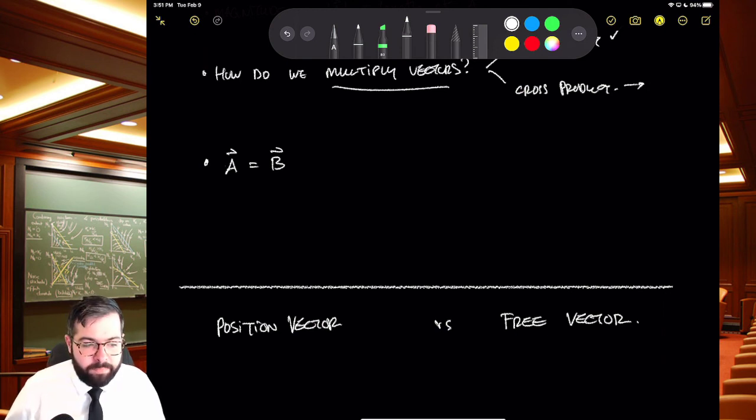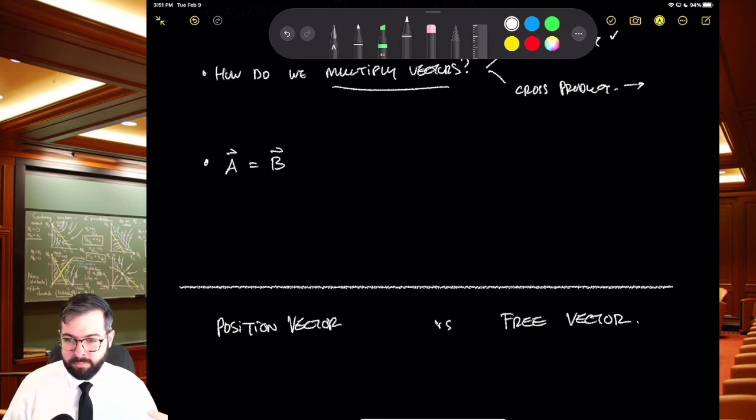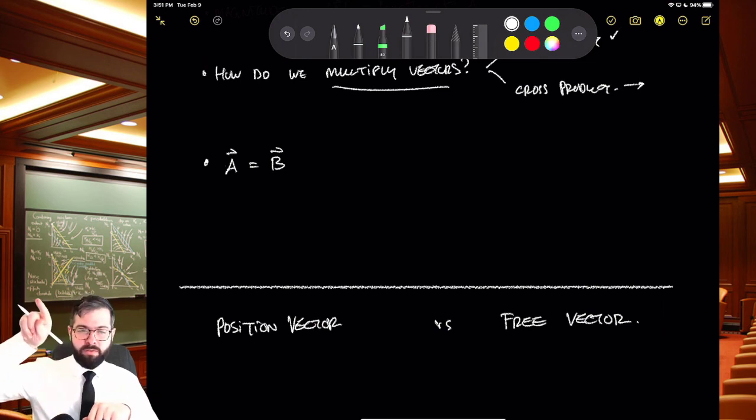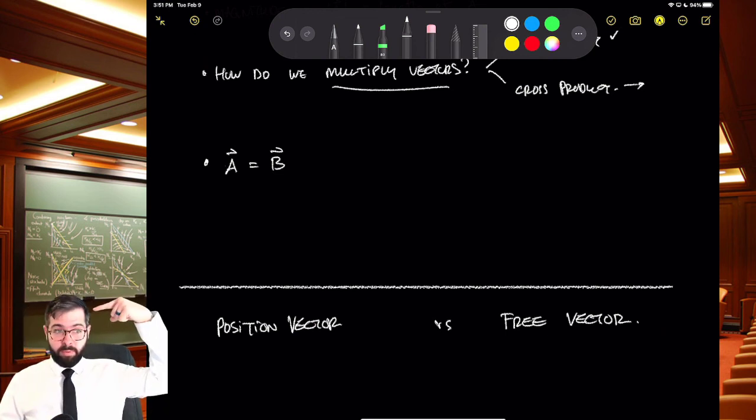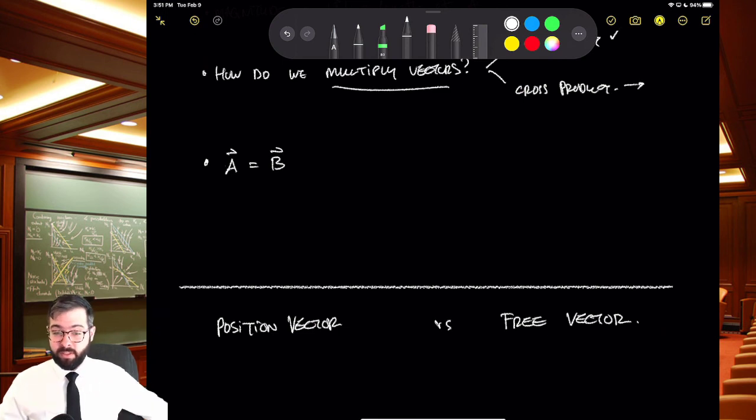It's pretty intuitive, right? If all a vector has going on is a magnitude and a direction, then if 2 vectors have the same magnitude, same direction, we're going to say they're the same thing. Okay. Now I could see someone taking beef with that, right? Which is a force of 3 newtons due northwest placed at the top of my head versus placed at the center of my body.